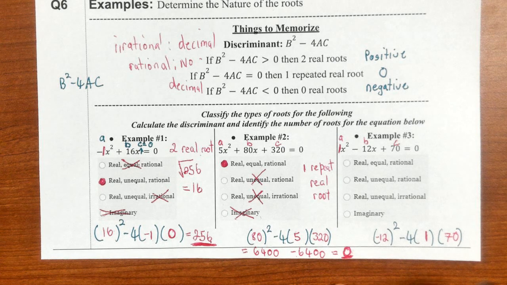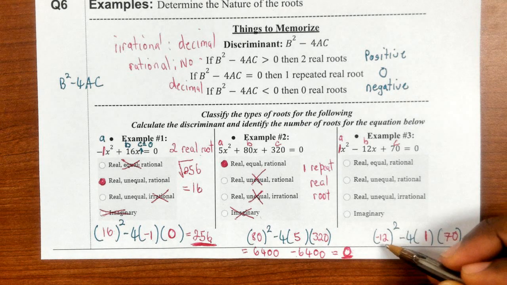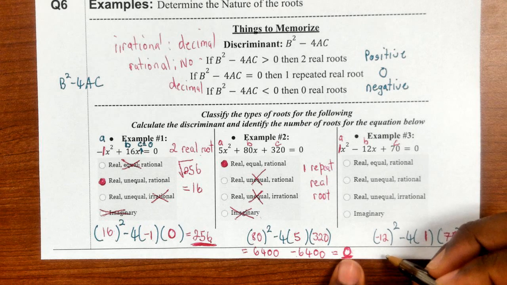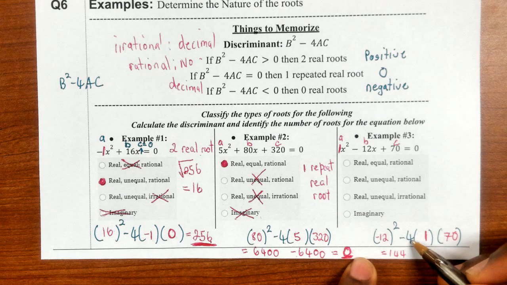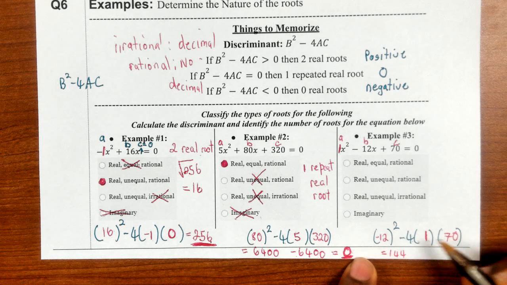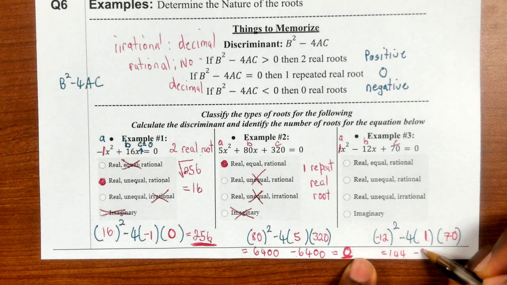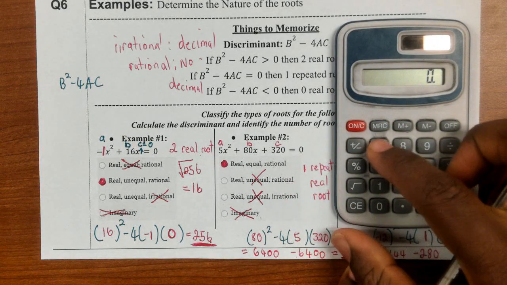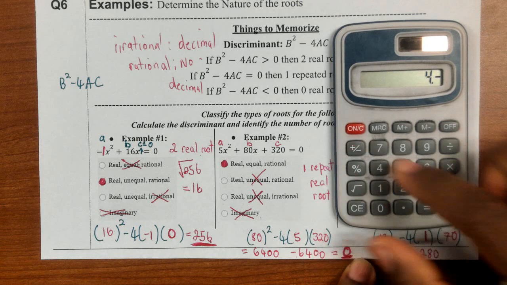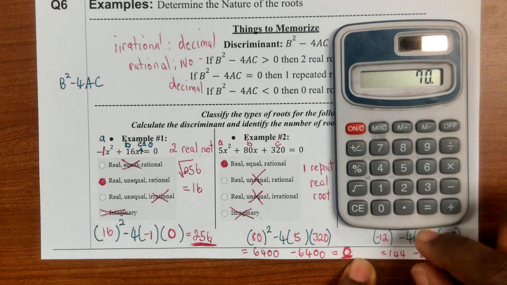So now I'm going to calculate. Negative 12 squared is negative 12 times negative 12, which is positive 144. Negative 4 times 1 is negative 4. Negative 4 times 70 is negative 280. You can put that in your calculator if you would like. Negative 4 times 70.